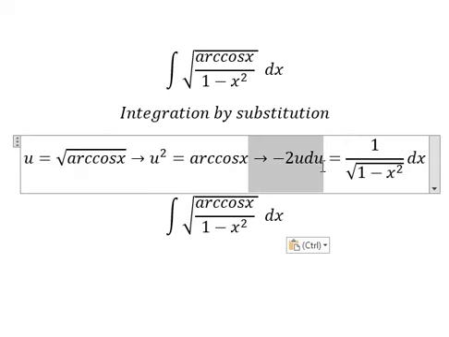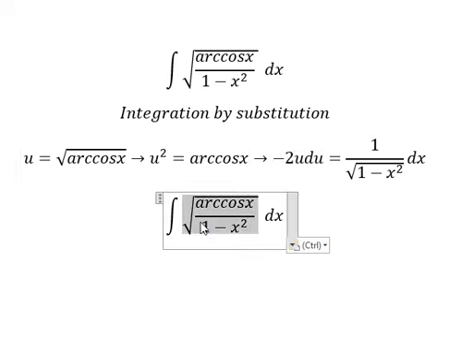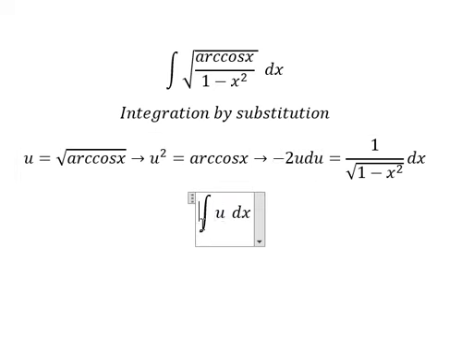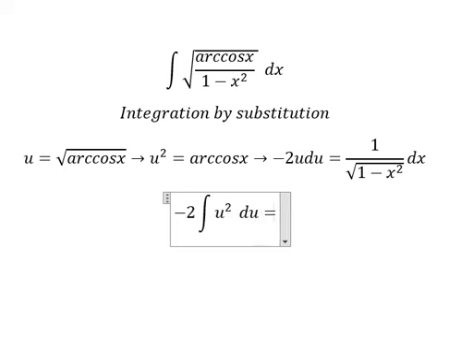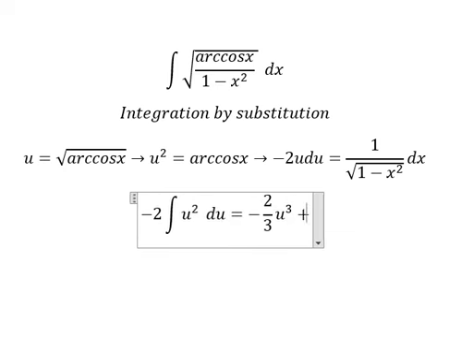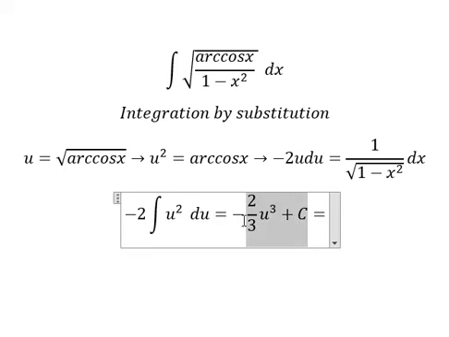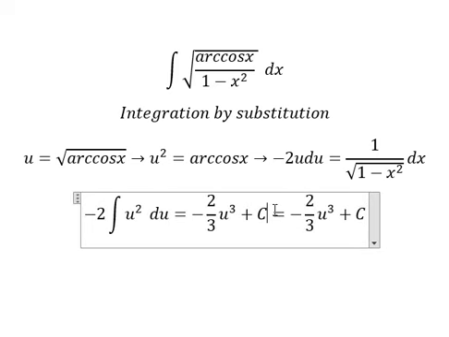The next one we change for negative 2u du. So because u multiplied by u, we got u squared. About u, that is this one.